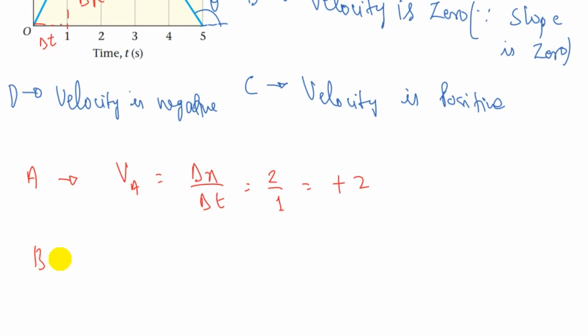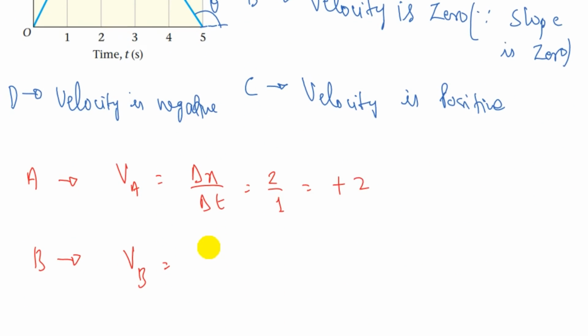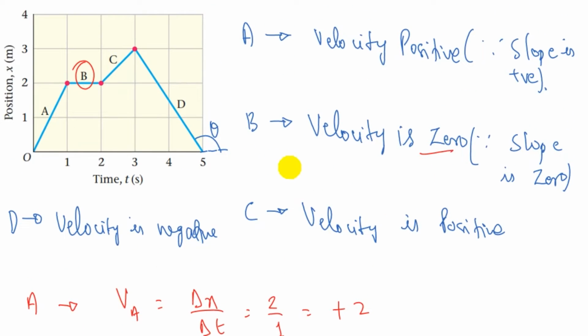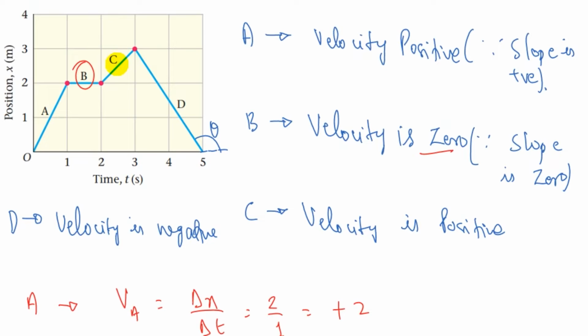Now for segment B, the velocity would be equal to, now here this is a horizontal line. This is for segment B. So the slope is 0 because delta x is 0. So velocity would be 0, and same thing we have indicated here also. Similarly we can do it for segment C. This would be delta x here, and this would represent delta t.